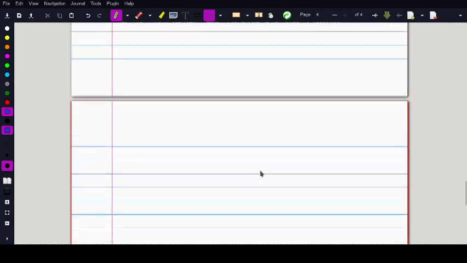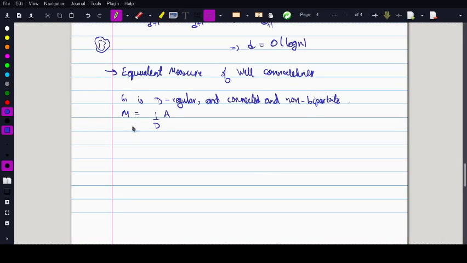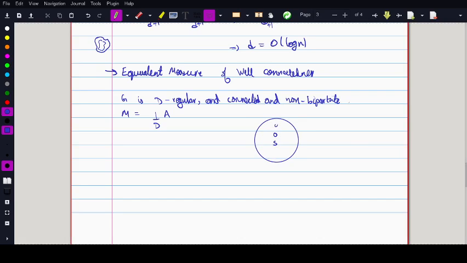Now if we are trying to measure well connectedness, another measure would be to see how fast the random walk on this converges. Let's say you start from S and you have the entire graph with many vertices.